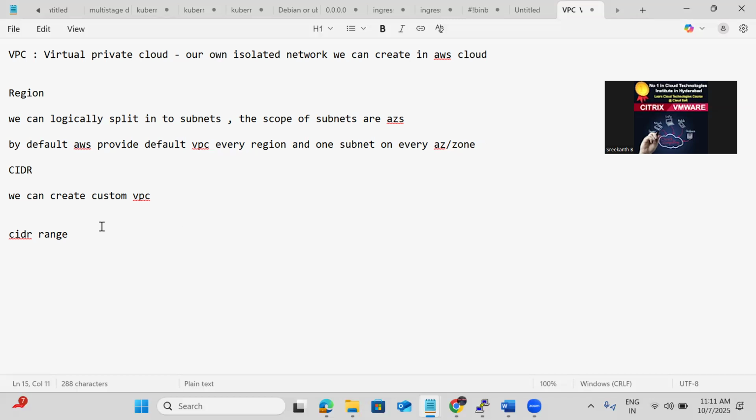So here we are going to choose the CIDR range, maybe the 10 dot series, 172 series, or 192 series. Can you guess why we are using those ranges?